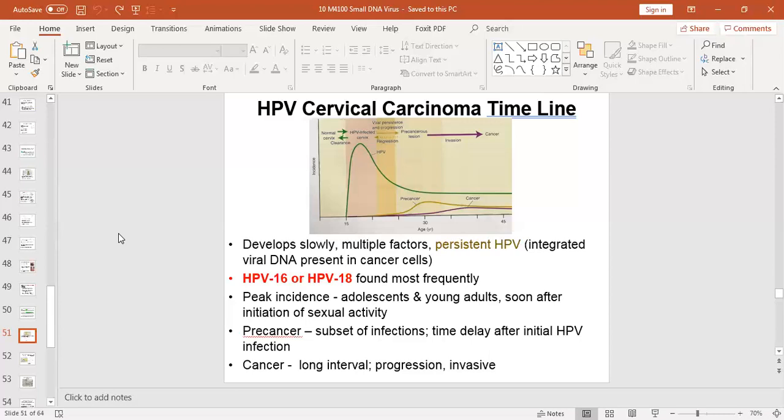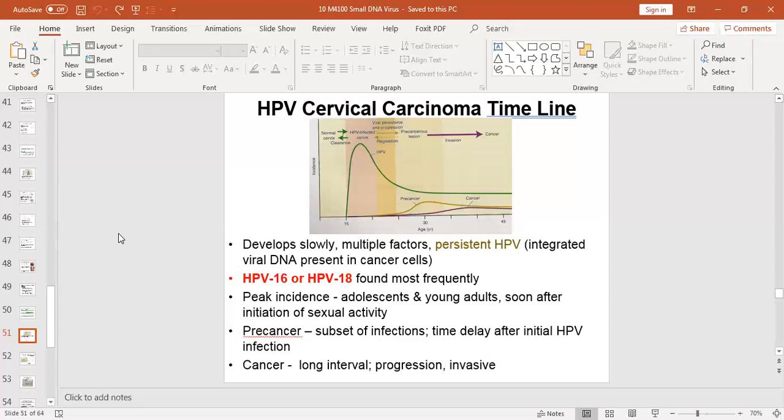So as you can see in the picture here, the y-axis is incidence, the x-axis is the age or year. As we can see, the peak is during 15, 16, 17, up to 20 years probably, which is soon after initiation of sexual activity.